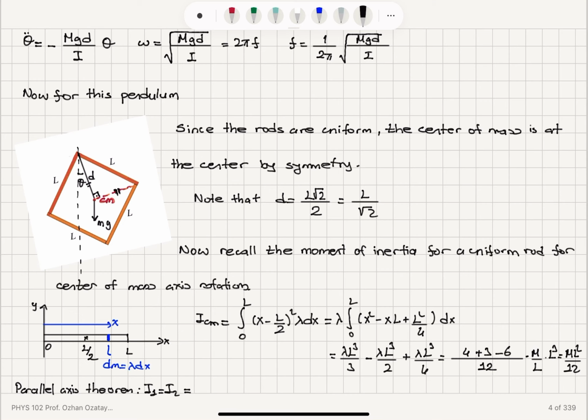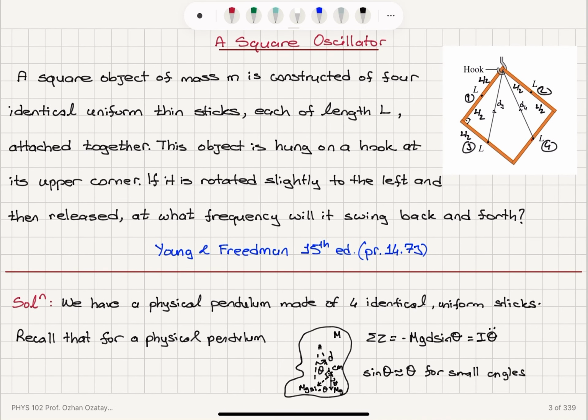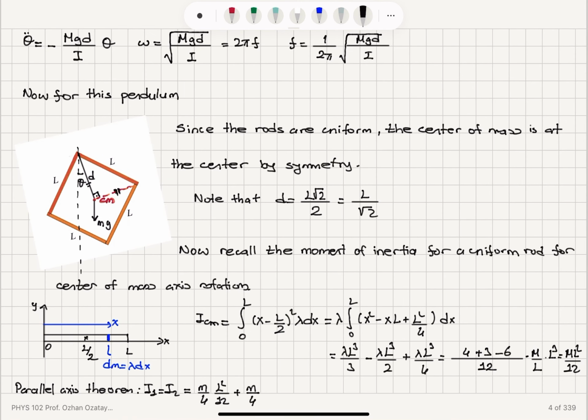This will be m over 4 times L squared over 12 for center of mass axis rotations plus m over 4 times the distance between the center of mass axis and the new axis squared, which is (L over 2) squared. That will be L squared over 4.